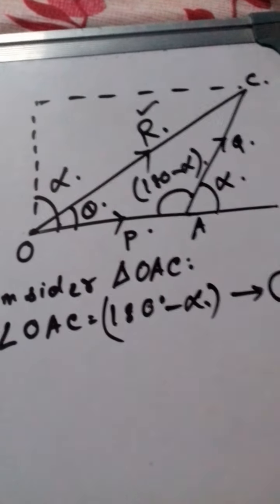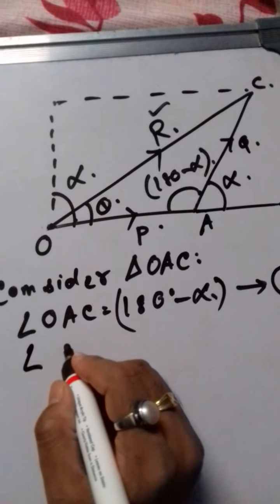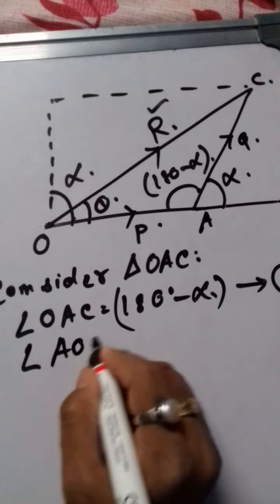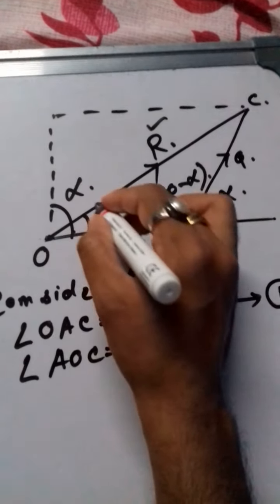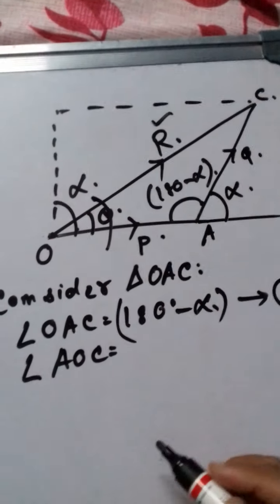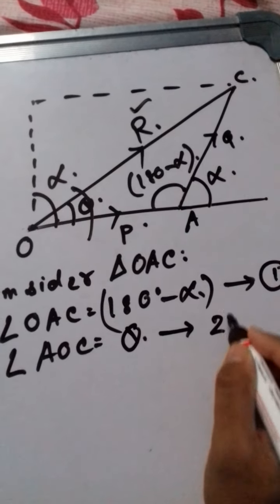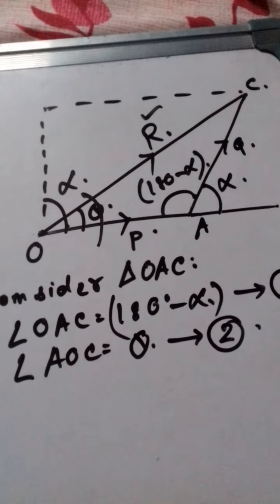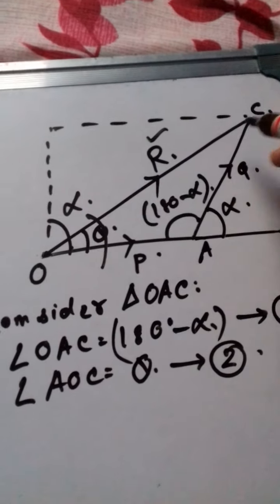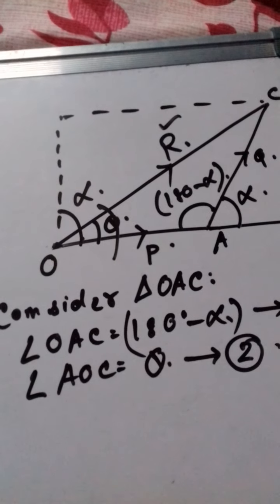This is one point which we are getting. Okay, now angle AOC. What is angle AOC? This angle, that is the angle between the R and any one of the forces. Angle AOC is equal to theta. Clear? Now if you consider that this is a triangle OAC, we know that the sum of the angles in a triangle is 180 degree.